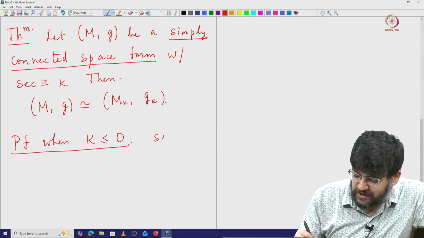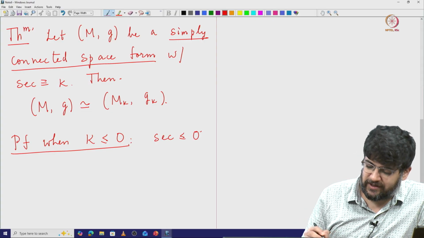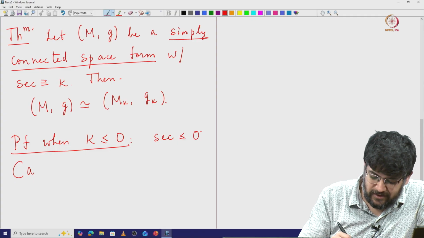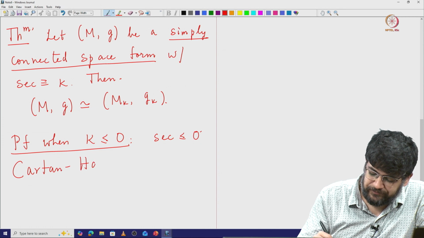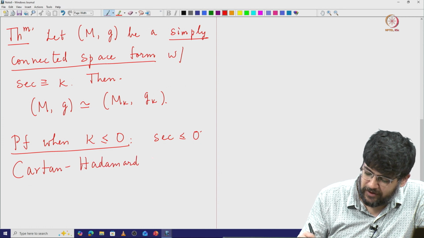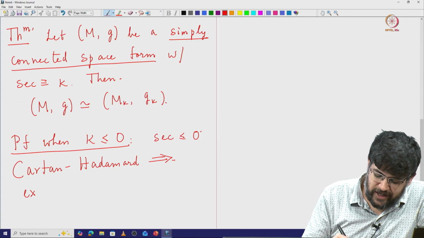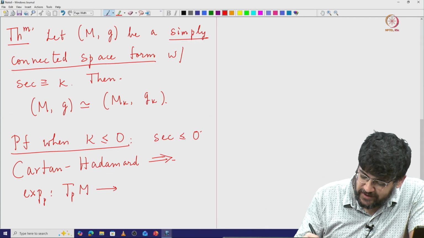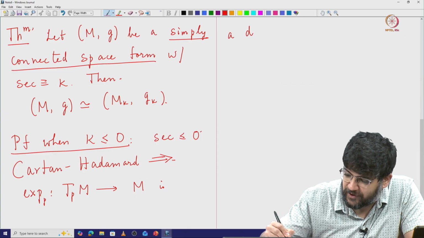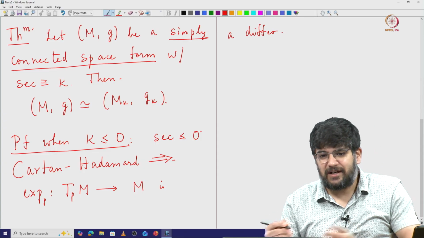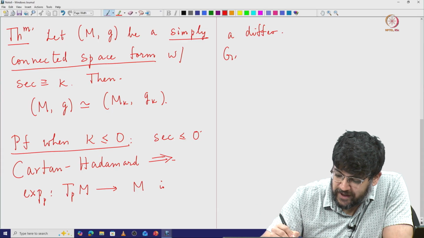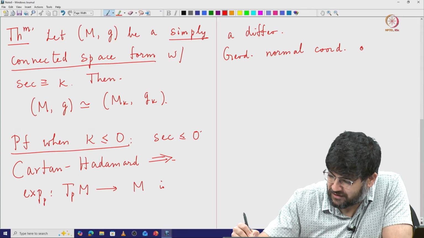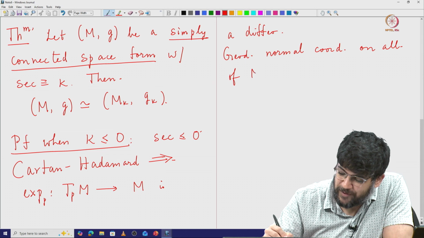In this case, because the sectional curvature is non-positive, the Cartan-Hadamard theorem applies. Cartan-Hadamard implies that the exponential map is a diffeomorphism, because M is simply connected. So in other words, we have geodesic normal coordinates on all of M, and M is diffeomorphic to Rn.